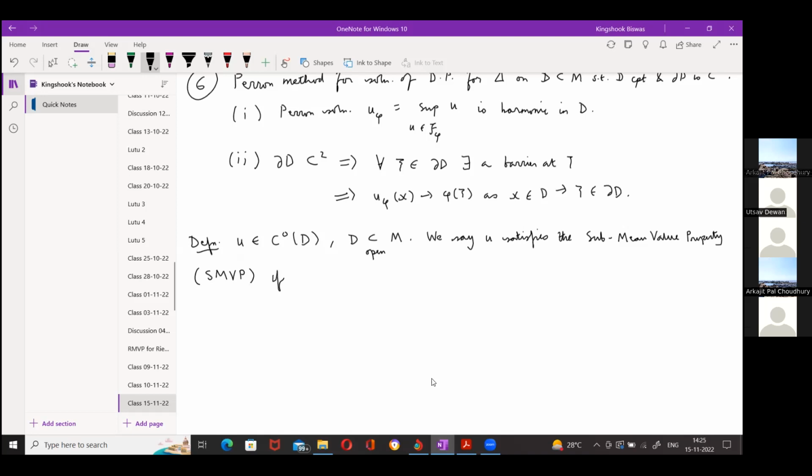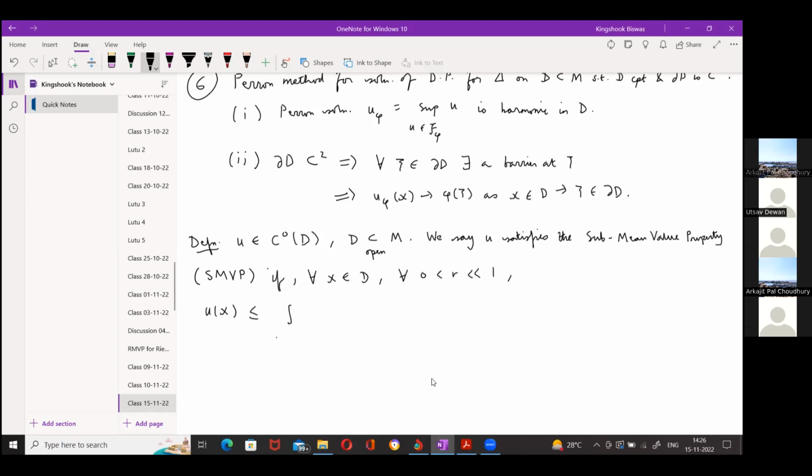If for all x in D, for all R small enough, U of x is less than or equal to the average of U over the geodesic sphere of radius R around x with respect to harmonic measure based at x, right?